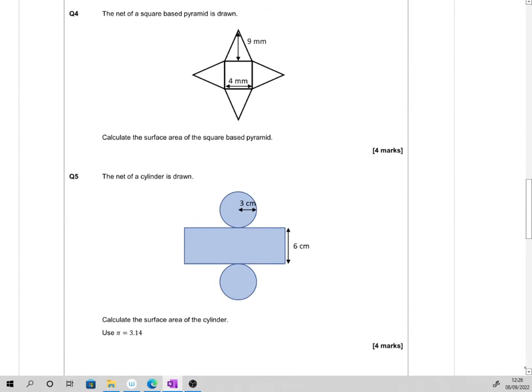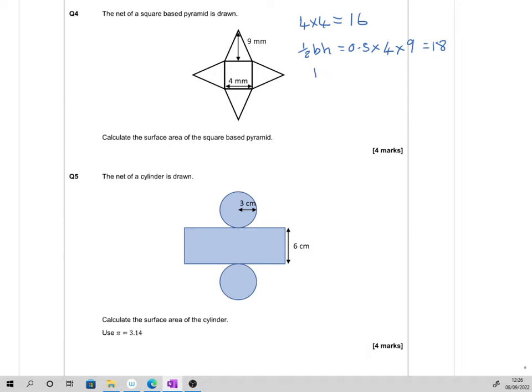So we've got a square base pyramid. Calculate the surface area. So this is the square, so the bit in the middle is 16. Then we've got these triangles, which is half base times height, which equals 0.5 times the base is going to be 4 times the height is going to be 9. So 4 nines are 36, half of 36 is 18.